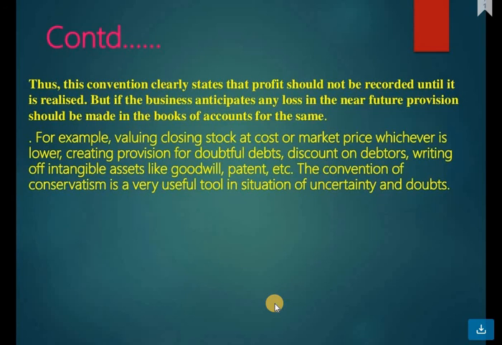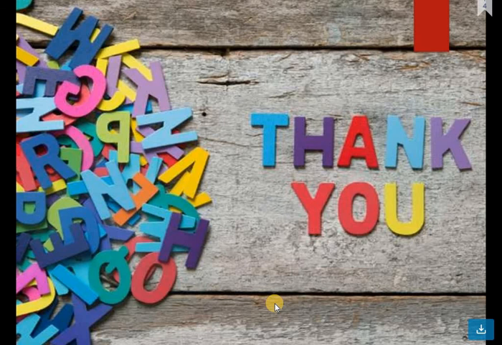Otherwise, if you show it, you need to pay the dividend. That means we are not disclosing only loss and not profit. We are giving them a direction, a clear picture of the business, that we have a loss in future and the profit is not yet realized, and that we have to show in the books of accounts and accounting statements for dividend distribution. So this is all about accounting conventions.